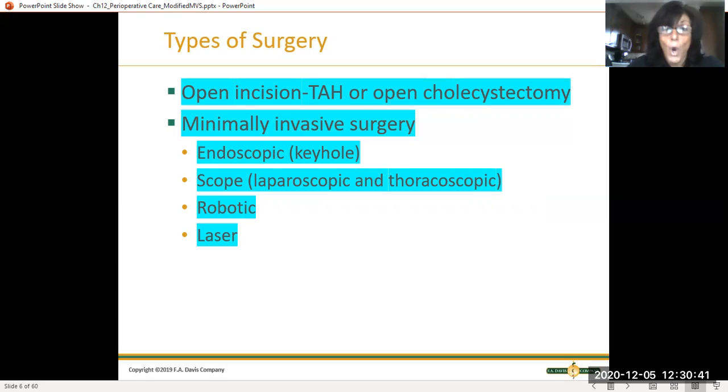Then we can use a scope, laparoscopic, thoracoscopic. So we can use a scope, say if you need your gallbladder removed.